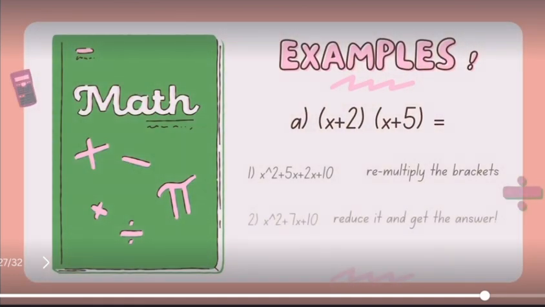After that, we reduce it and get the answer. So we combine the values of 5x and 2x and we get 7x instead. And as the answer, we get x squared plus 7x plus 10, which is the right answer, of course. So it's not so hard actually.